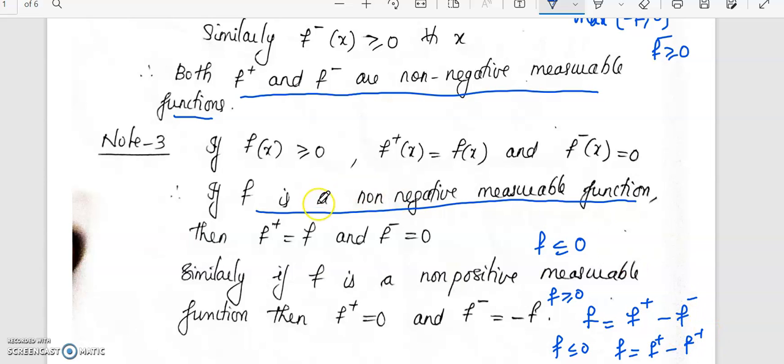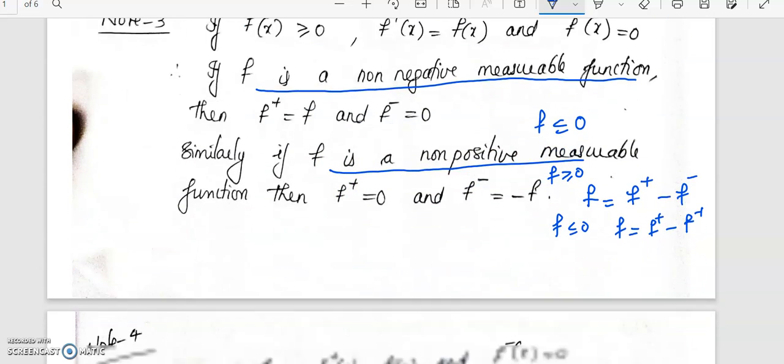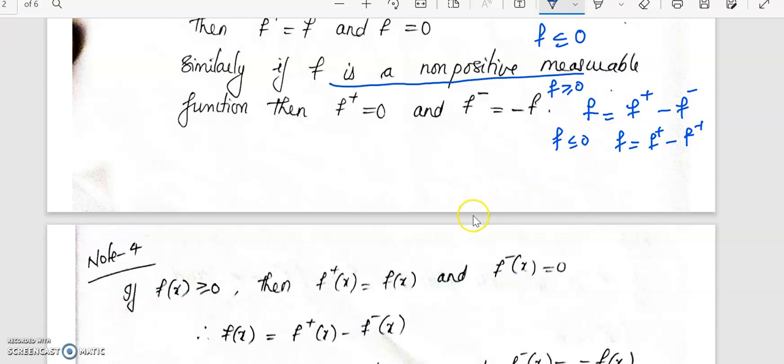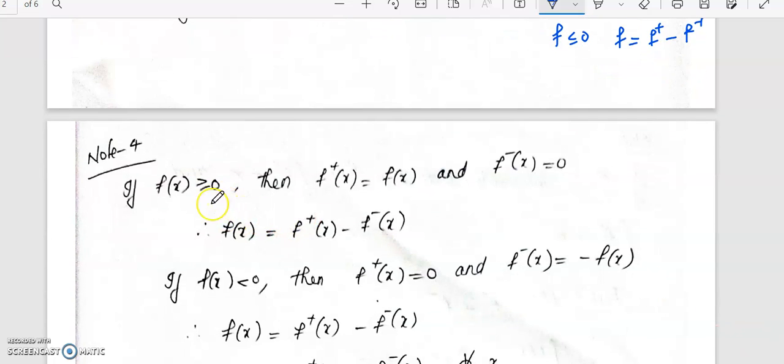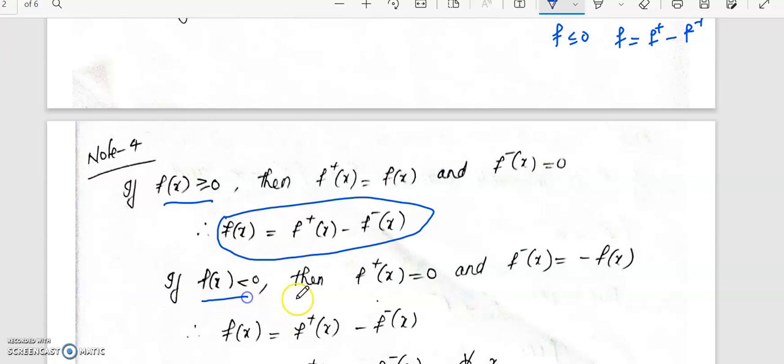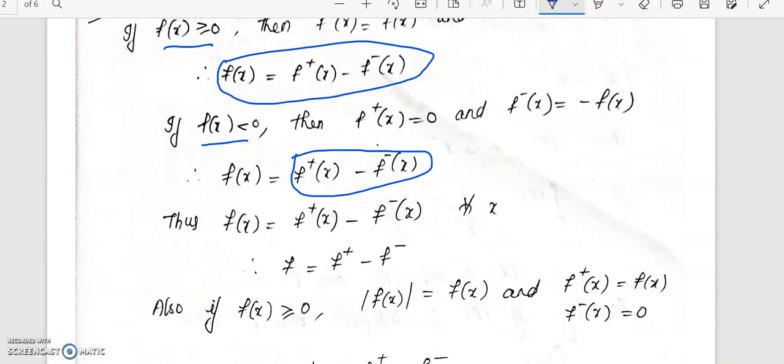So in both cases, where f is a non-negative measurable function and where f is a non-positive measurable function, f can be expressed as f plus minus f minus. So given any measurable function f, it can be expressed in terms of the positive part and the negative part: f equals f plus minus f minus.